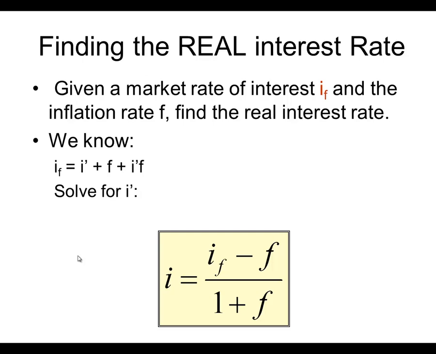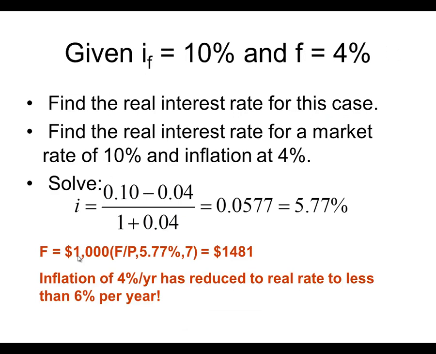Yes, and as you can see, with a little algebra we reformulated our formula to look like what we have here in the slide, which is i equal to i_f minus f divided by 1 plus f, and i here is the real interest rate. So given i_f is equal to 10% and f is equal to 4%, find the real interest rate for this case.